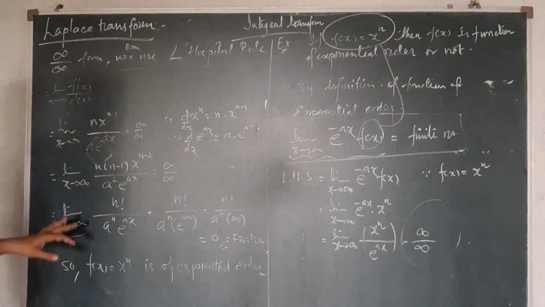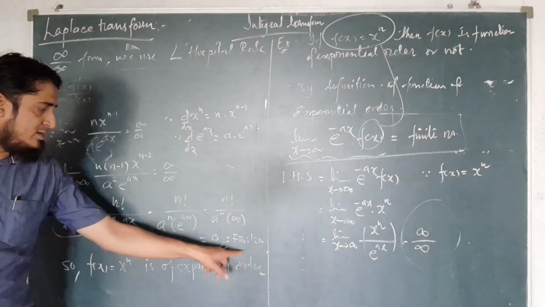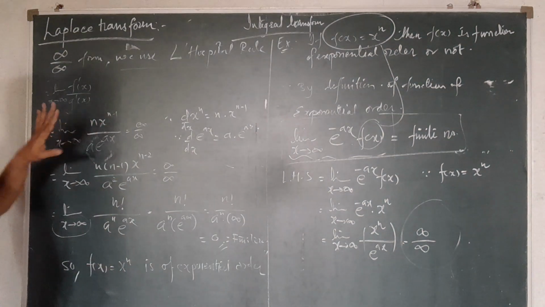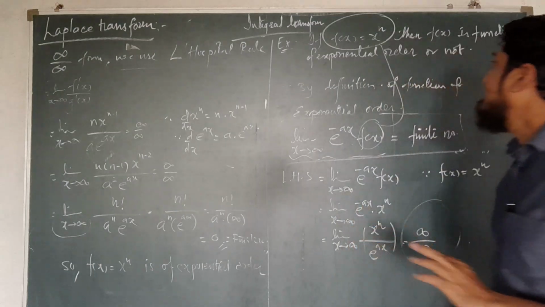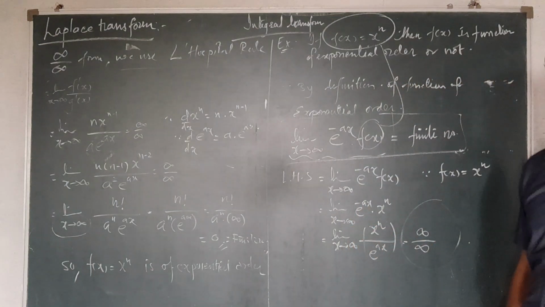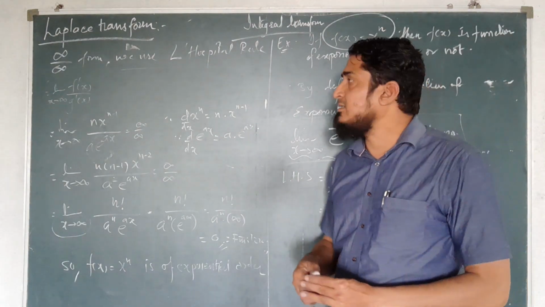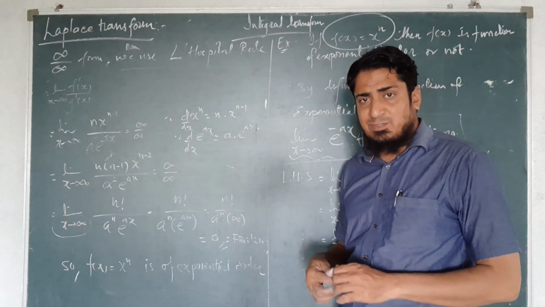So it becomes a finite number. That's why x raised to n is an exponential order function. Now in the next lecture we will see some more examples depending on exponential order.